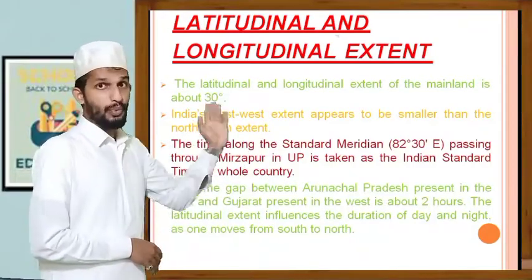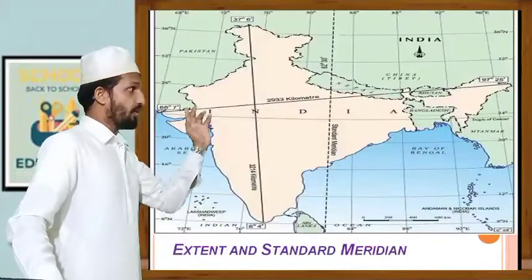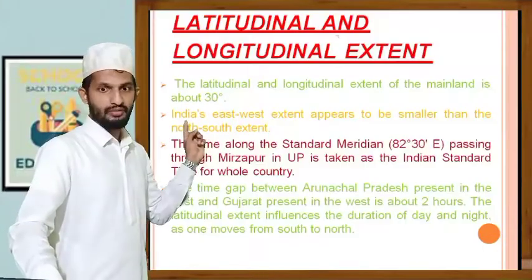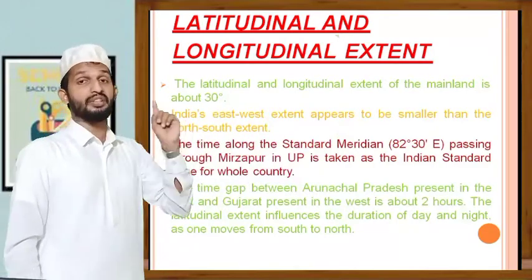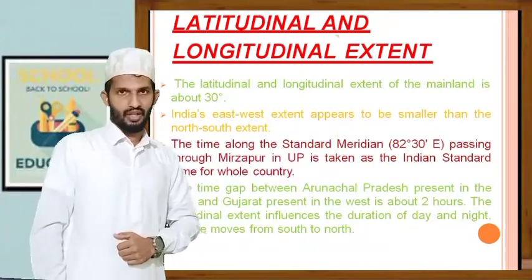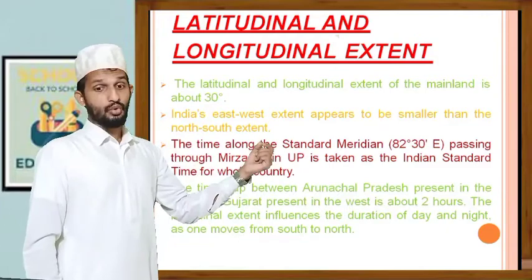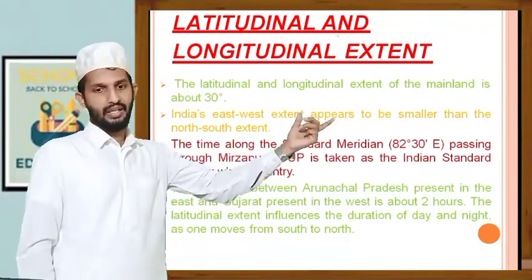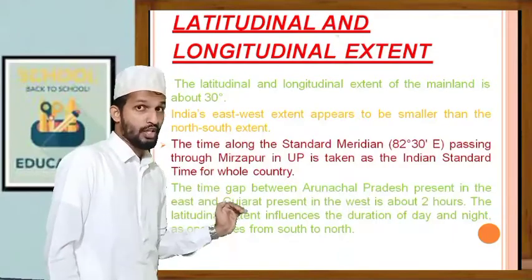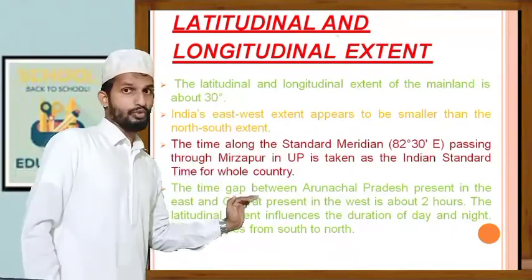Between Arunachal Pradesh and Gujarat there is a time lag from west to east, that is 2 hours. So the longitudinal extent influences the duration of day and night as one moves from north to south or south to north.